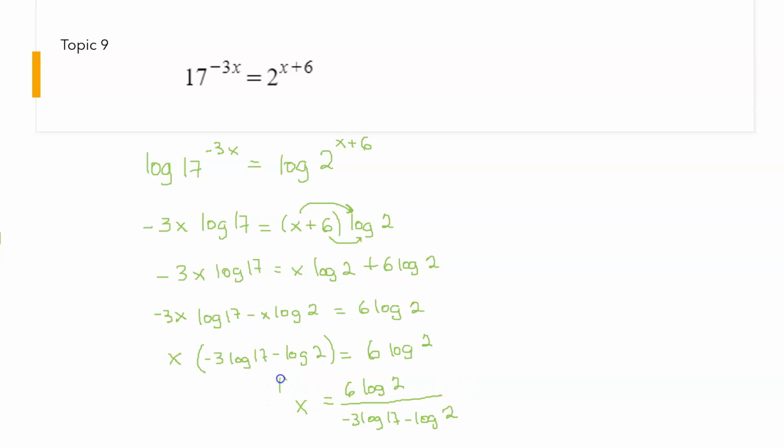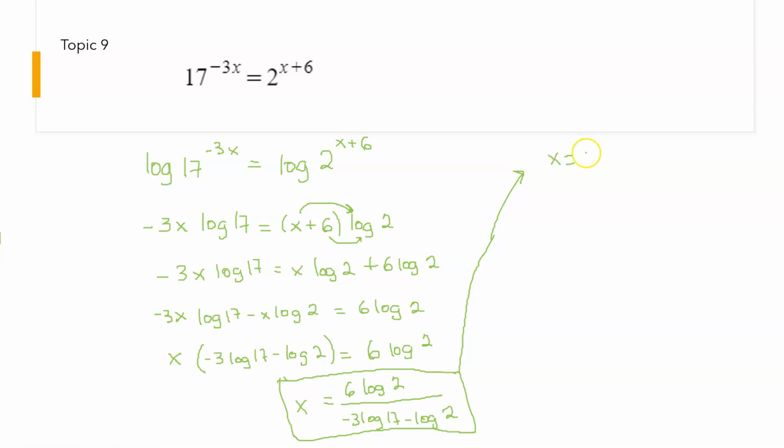Depending on your question, if you are asked to evaluate that, you will have to put these numbers in your calculator. But you can also be asked to express x as a function of natural logarithm or common logarithm, so that will be your answer. In case you were asked to obtain the exact answer, then what you have to do is just put these numbers on your calculator.